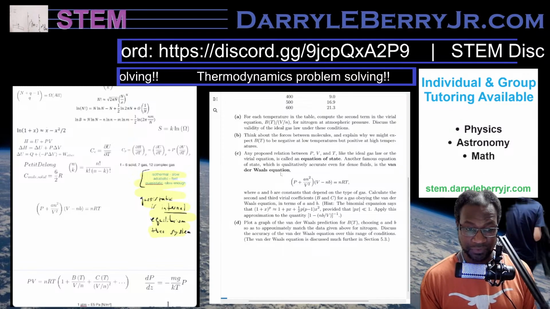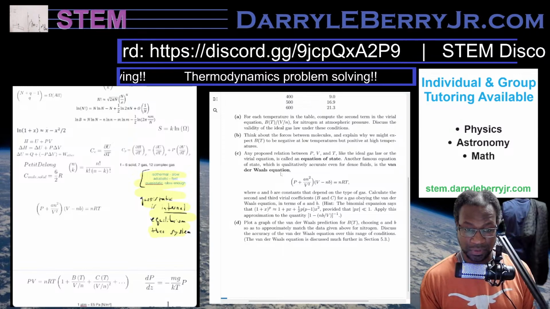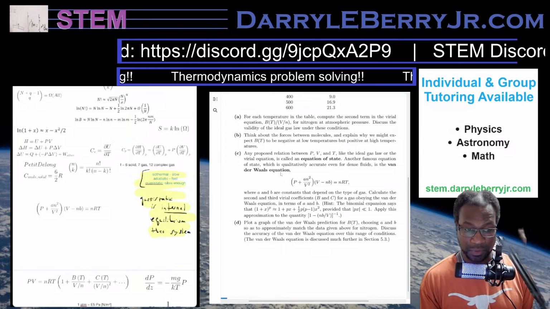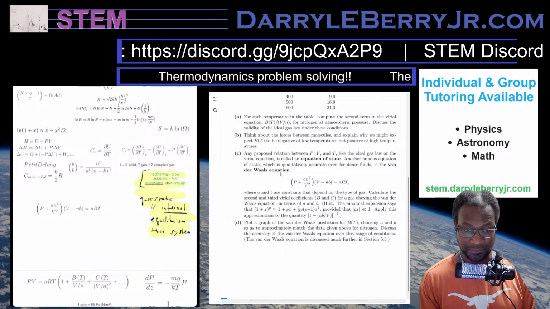Calculate the second and third virial coefficients B and C for a gas obeying the van der Waals equation in terms of a and b.